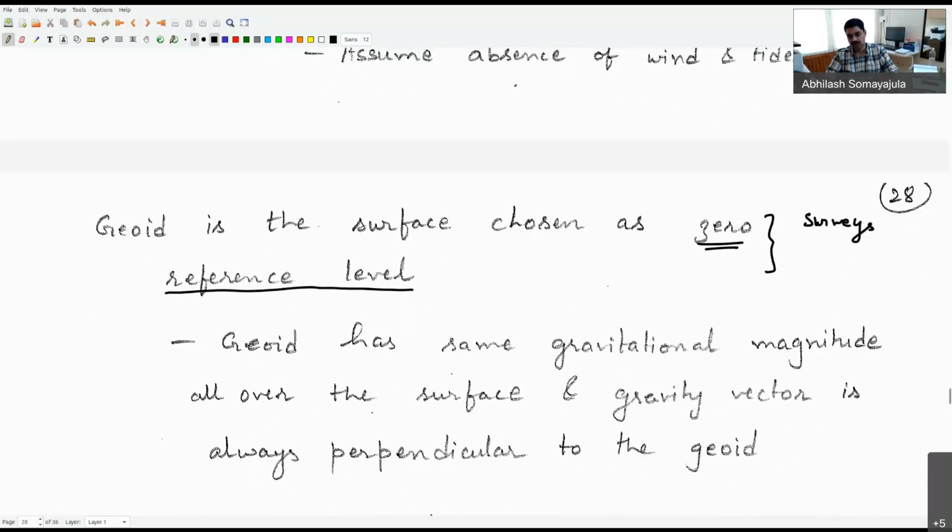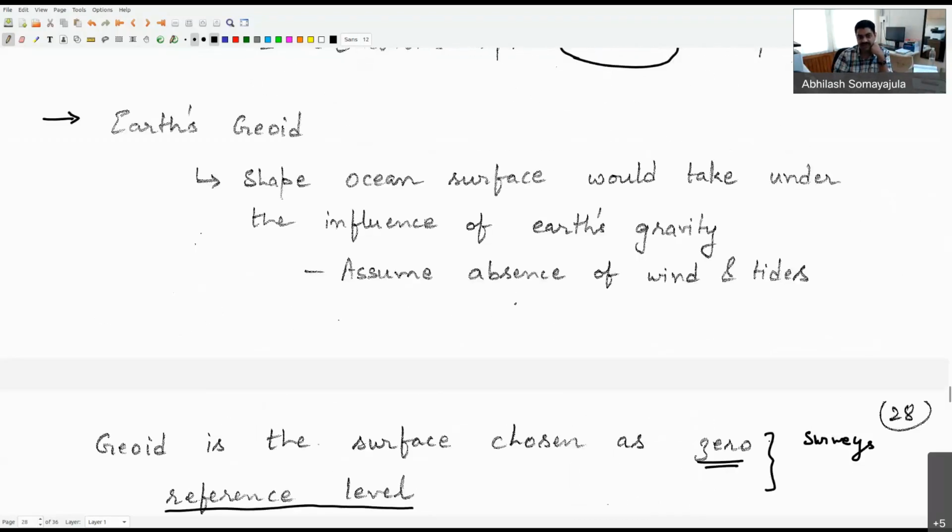Now, the question of how to compute the geoid and how we actually get the geoid surface is quite a complex procedure, in the sense that the geoid tries to have the same gravitational magnitude all over the surface, and the gravity vector is always perpendicular to the geoid. So you have to really do some calculations and surveying in order to find out the shape of the Earth's geoid locally.